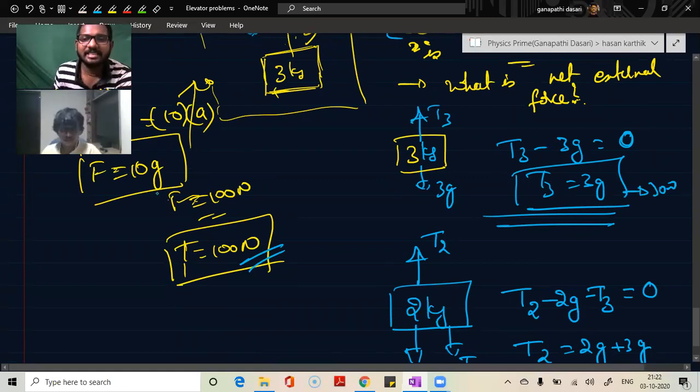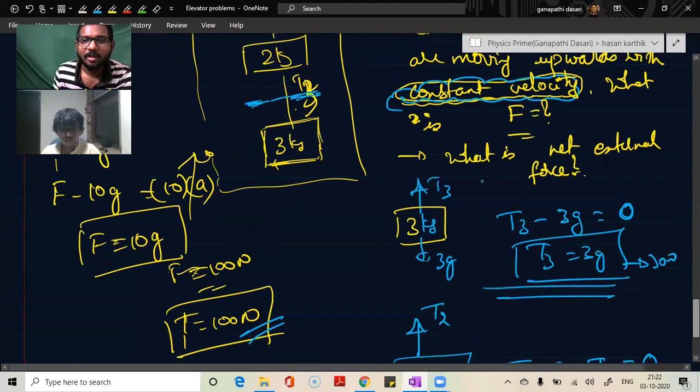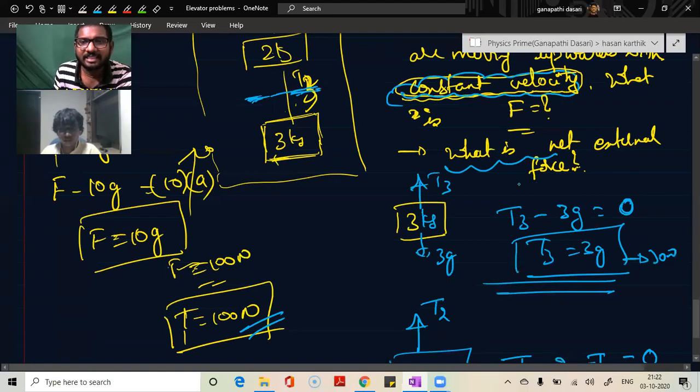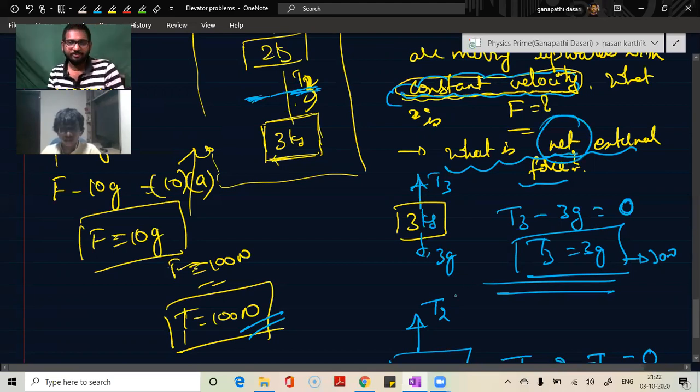But my question here is, what is net external force? Net force. What is net force? Net external is T1, no sir? Net force on the system means total force.